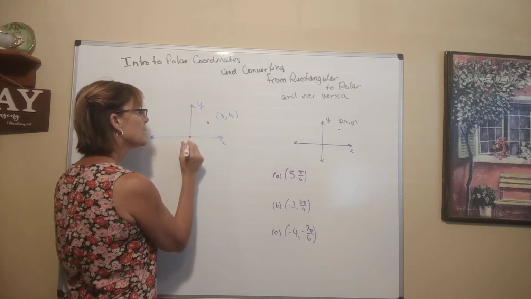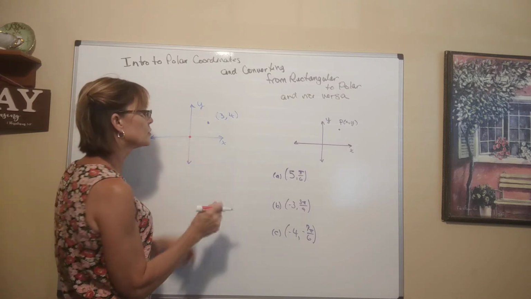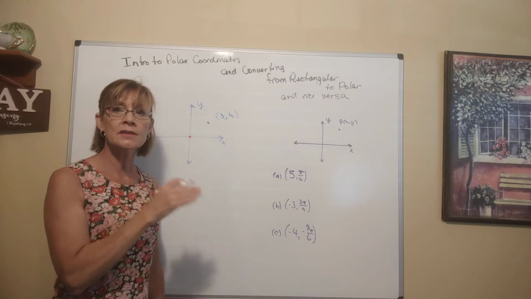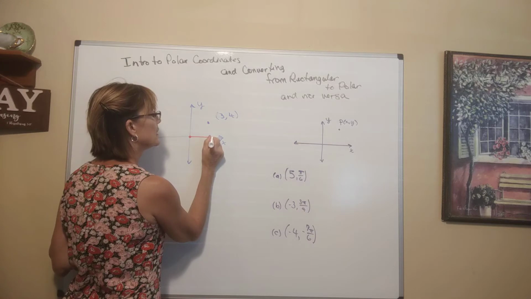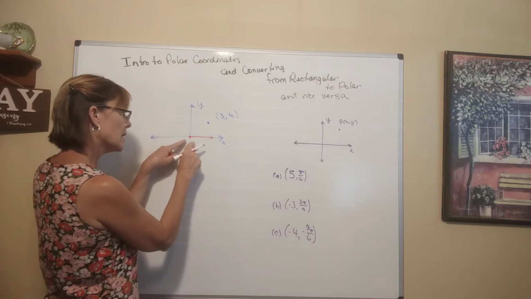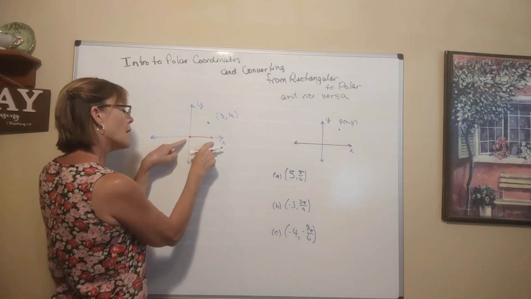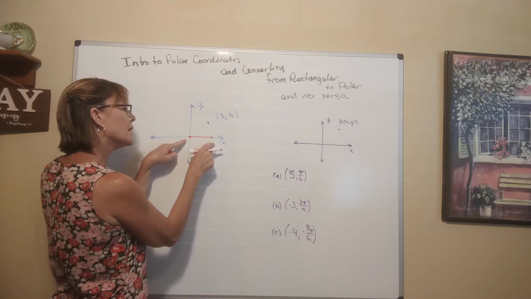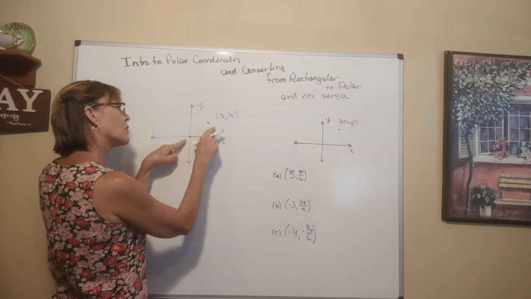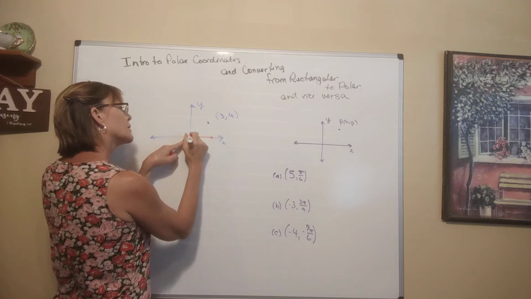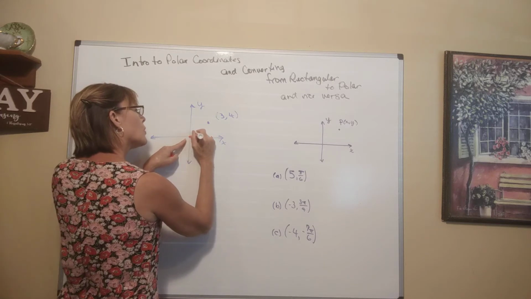Then it has an initial axis, which typically will be the horizontal x-axis right here. Think about, if this is the pole, how many degrees would it take to rotate from this initial axis all the way up to this point?